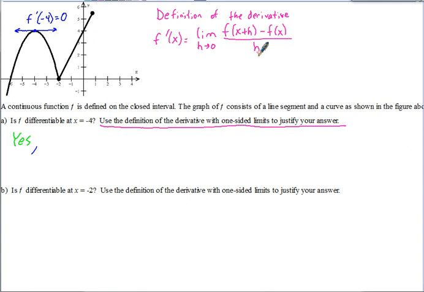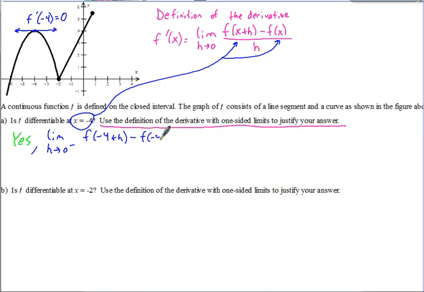So what we have to do here, this is the derivative at any value, is use the left and right hand limits of that in that form. So it would be the limit as h approaches 0 from the left, but it's not the general derivative here, it's the derivative specifically at -4. So since x is -4, we're going to substitute that in. So it's going to be the limit as h approaches 0 of f of -4 plus h minus f of -4 all over h.